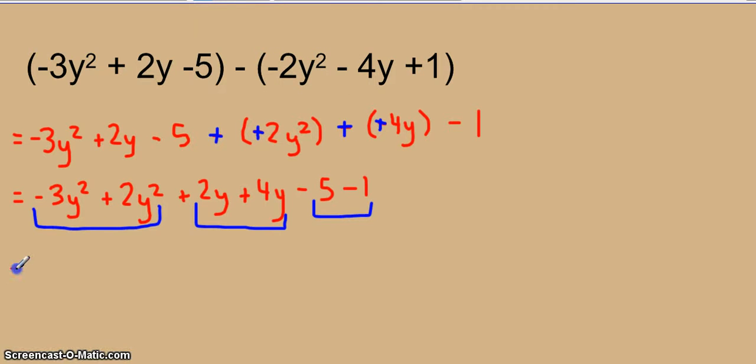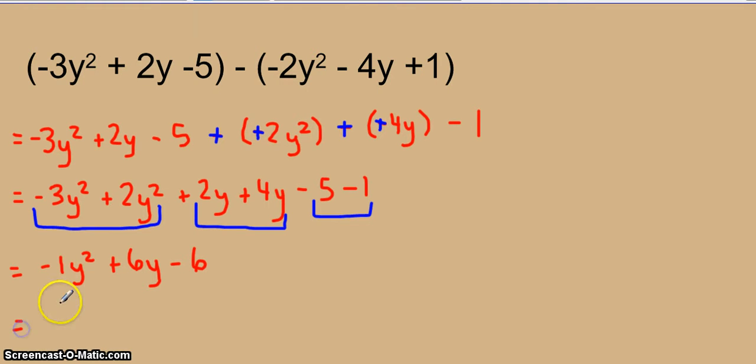So negative 3y squared plus 2y squared is negative 1y squared. Positive 2y plus 4y is positive 6y. And negative 5 subtract 1 is negative 6.